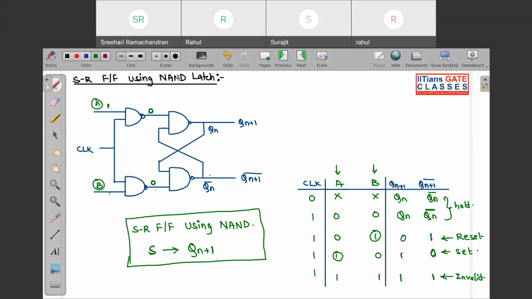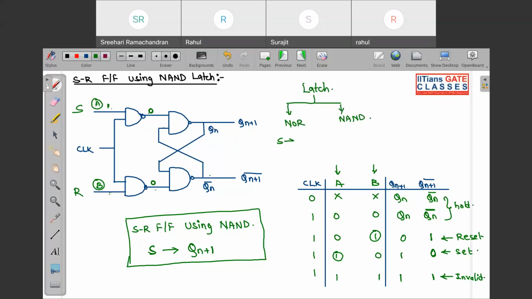As this is an SR latch using NAND, the input opposite to the normal output is set, and if one of the inputs is set, the remaining one will be reset. So I have constructed everything in terms of the set input only. In a latch, you can construct it using NOR or NAND.